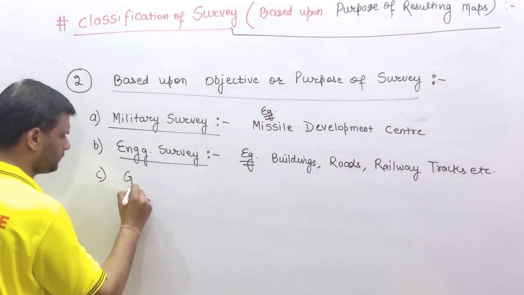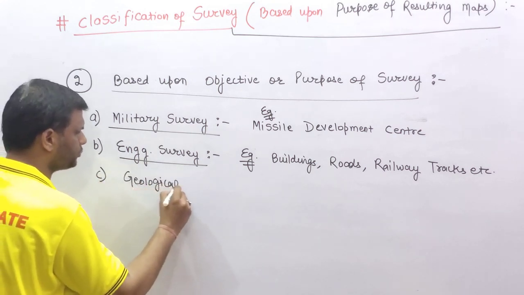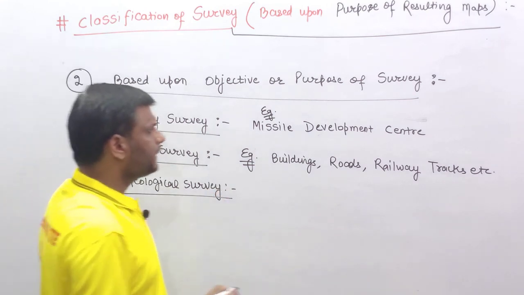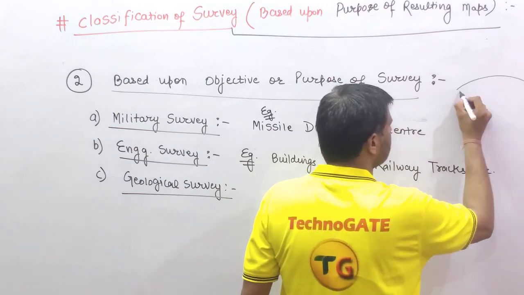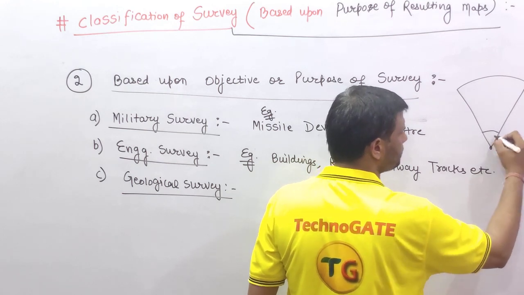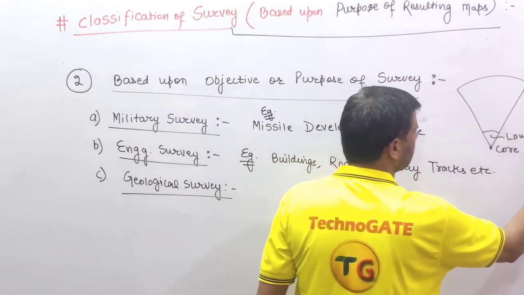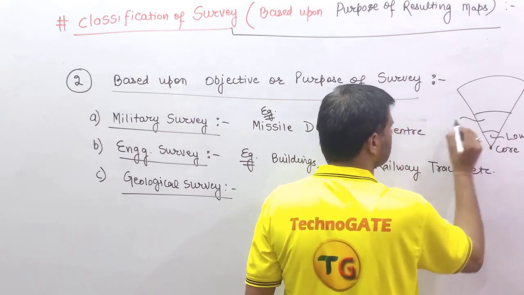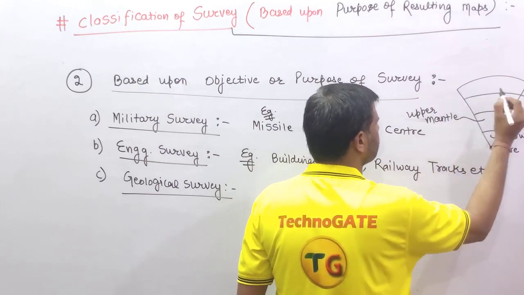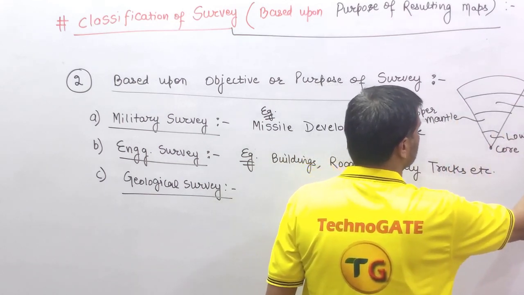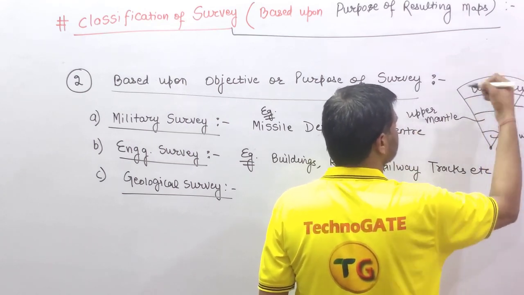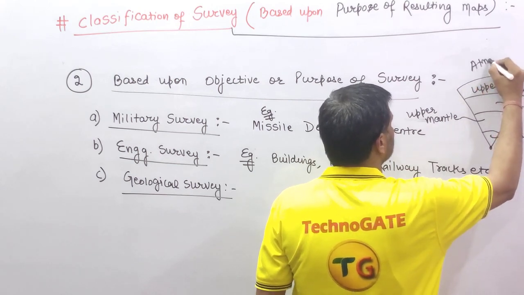Third one is called geological survey. Likewise, if I am talking about the earth structure, this one is the core, this is the lower mantle, this is the upper mantle, this is the lower crust, upper crust, and after that you can say atmosphere.